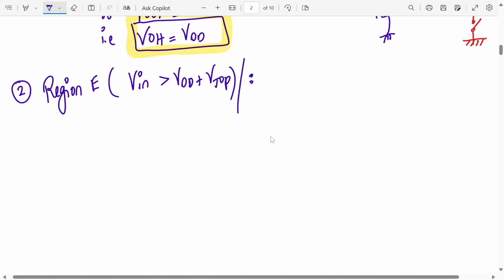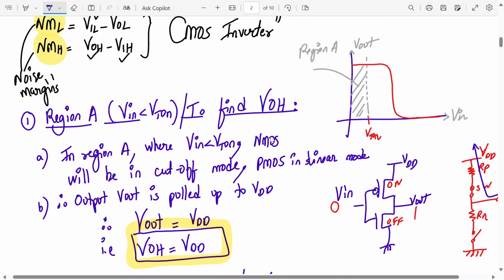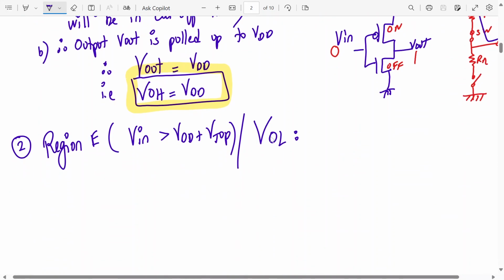Here we are finding the expression for VOL. So here is my VOH. Here it is, VOH, which is equal to VDD.